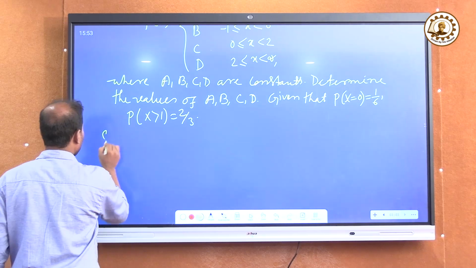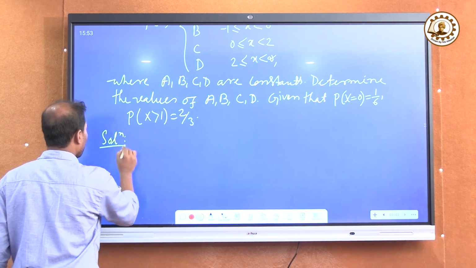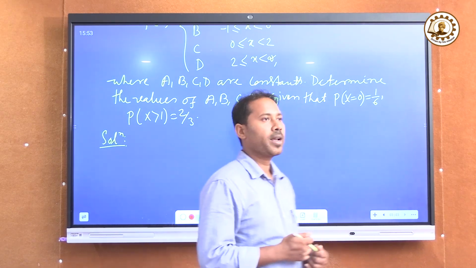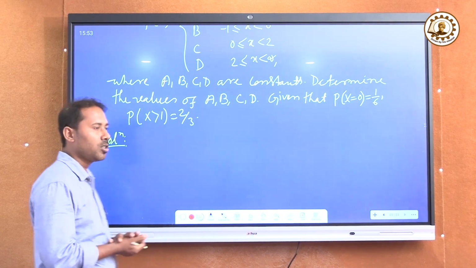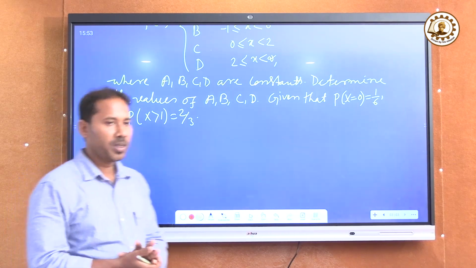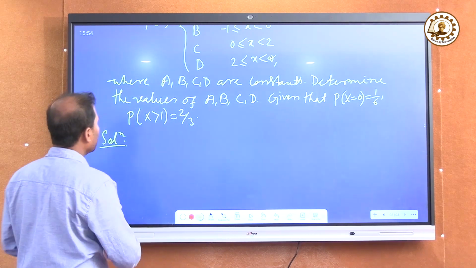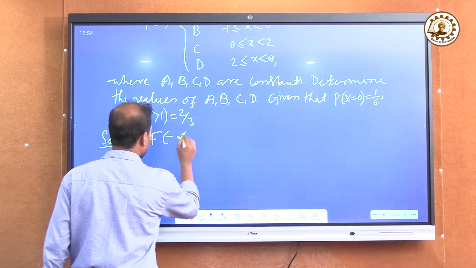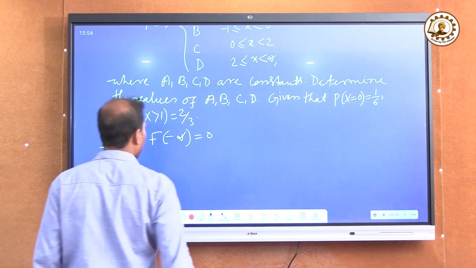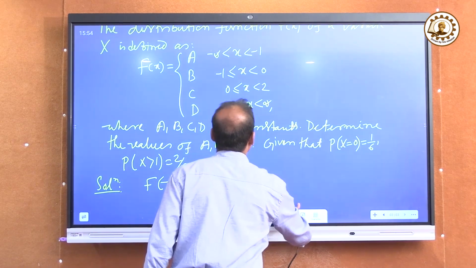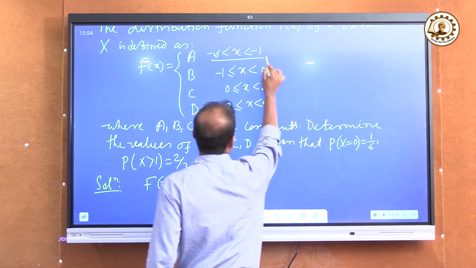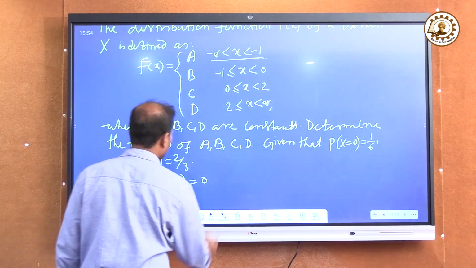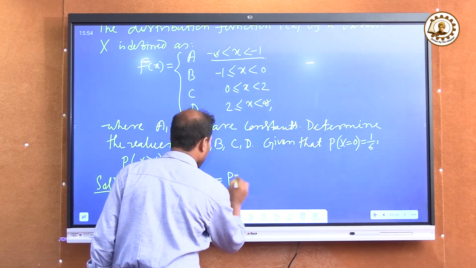First of all, the solution. We know the properties of the distribution function: F of minus infinity is 0 and F of infinity is 1. Using these two properties, F of minus infinity is 0.